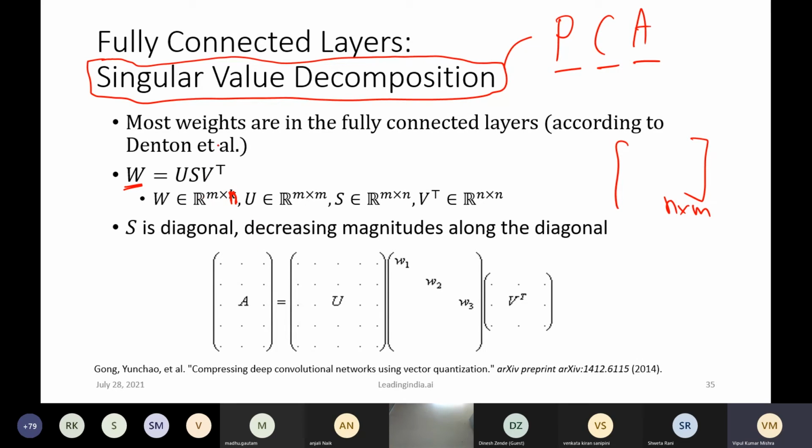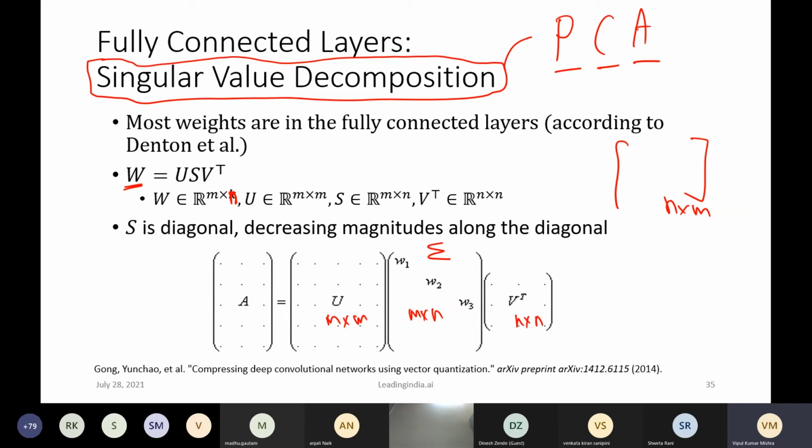Now this decomposition decomposes the matrix A into three different matrices. The first matrix is U, which is m cross m. The second matrix is S, which is m cross n, and the third matrix is R, which is n cross n. So the matrix can be decomposed into three matrices.